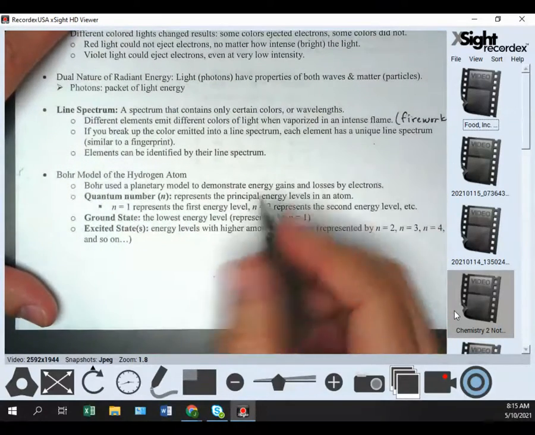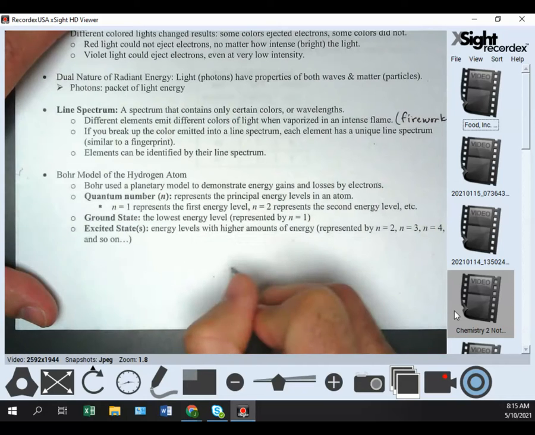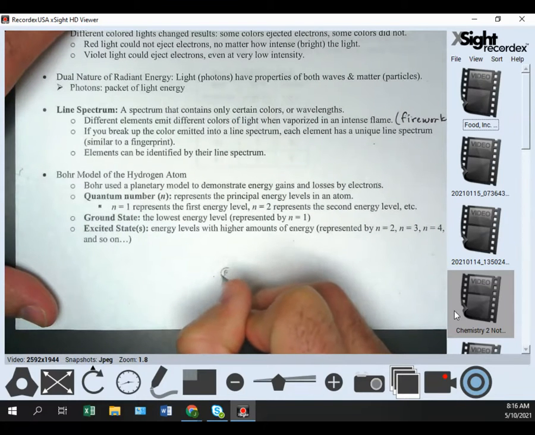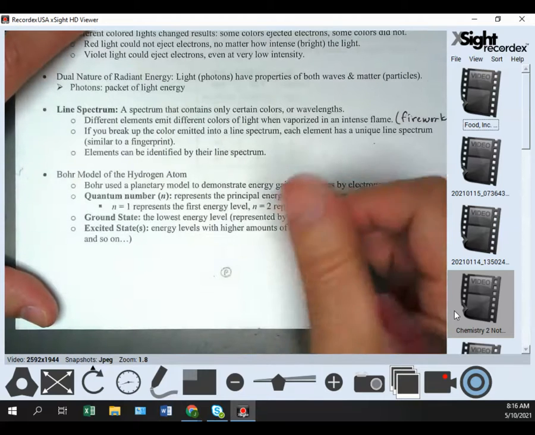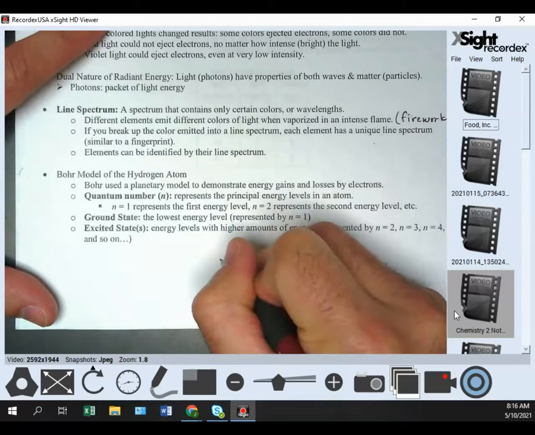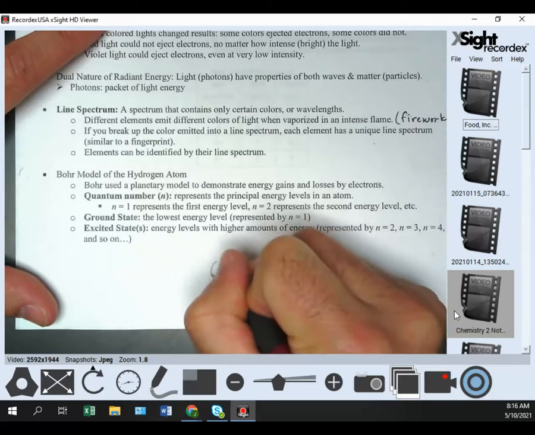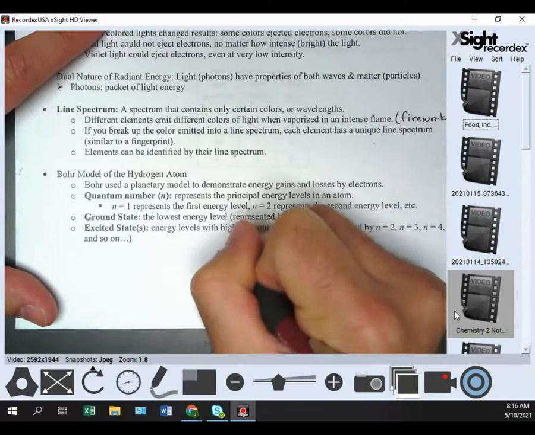He had a solid nucleus with protons, and then he had the energy levels where the electrons are found.